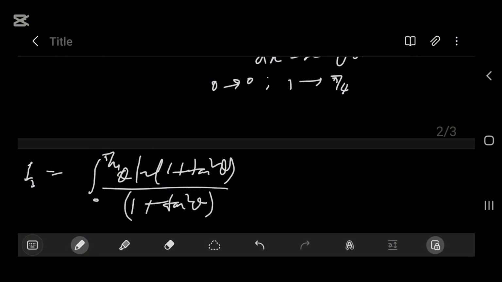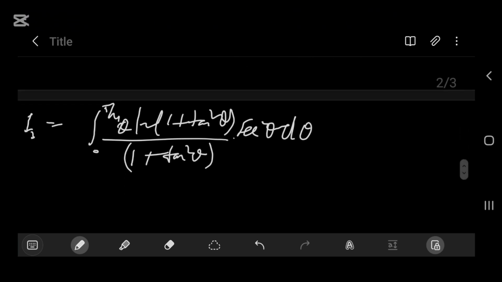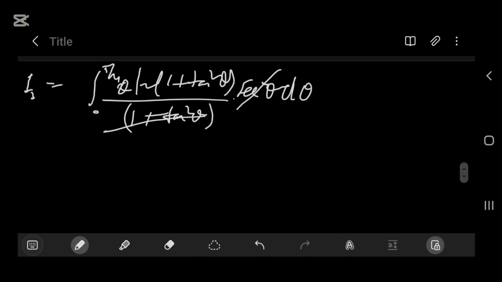And for dx, we'll have secant squared theta d theta. We know that secant squared theta equals 1 plus tan squared theta, so we can cancel these two again. So what we'll have here now is 2 times the integral from 0 to pi by 4 of theta ln(secant theta) d theta.